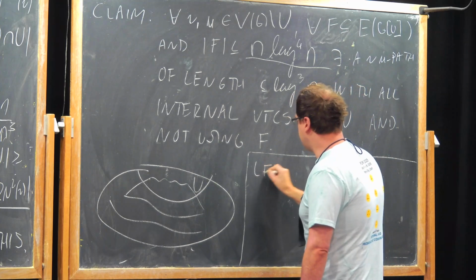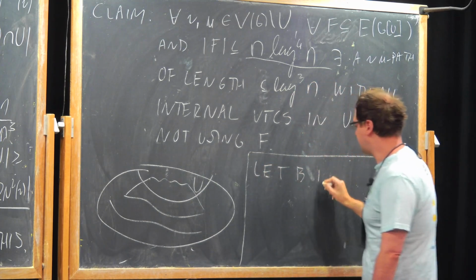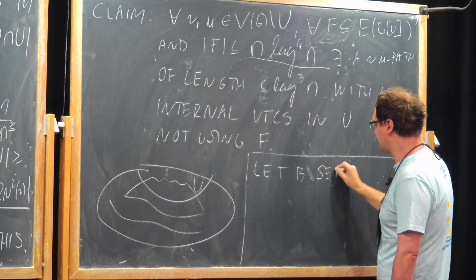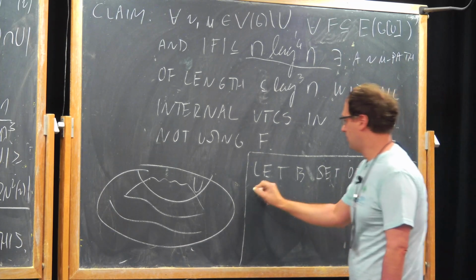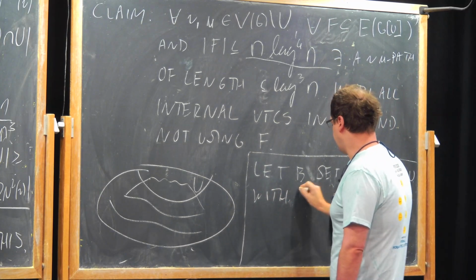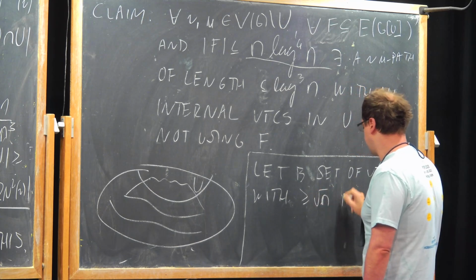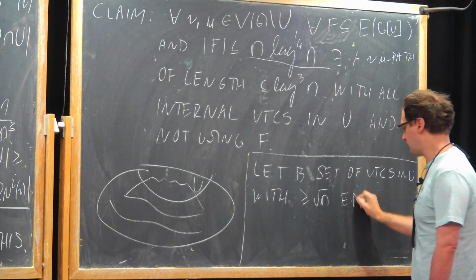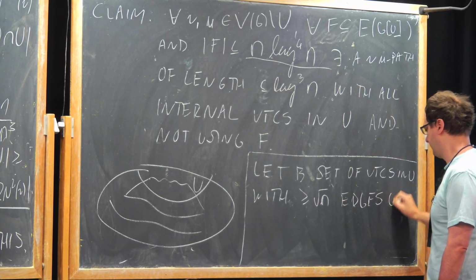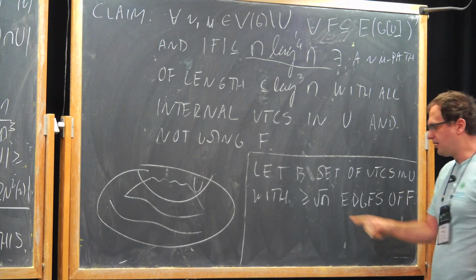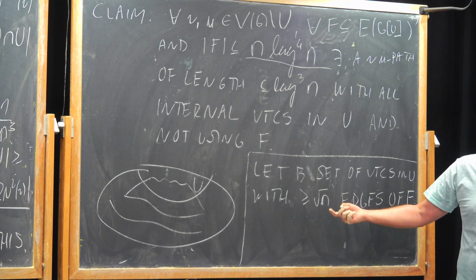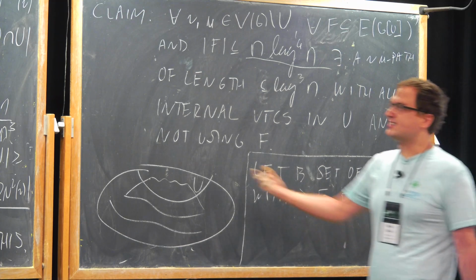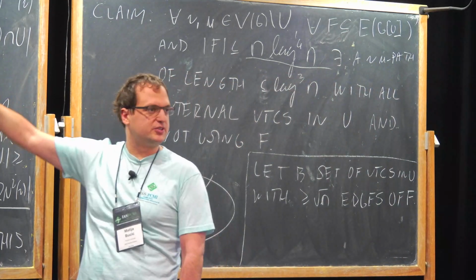So let B be the set of vertices in U with at least root n edges of F. Now, the point is you have at most root n roughly of them times some polylog n, and root n is less than n to the 1 minus 3 epsilon, because epsilon is 1 over 7.